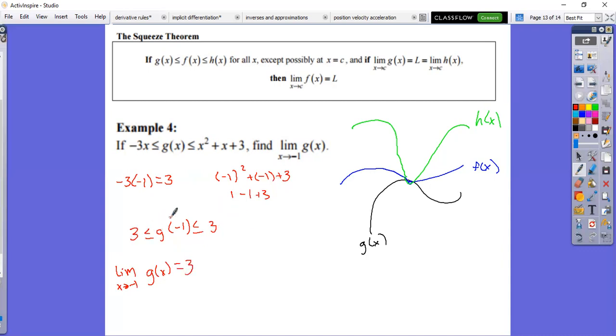Sorry, let me back up a second. This is not necessarily less than the value of g of negative 1, but it is less than or equal to the limit as x approaches negative 1 of g of x. So because I know that both of these limits are 3 and g of x is between those two, then it must be the limit of g of x is also 3.